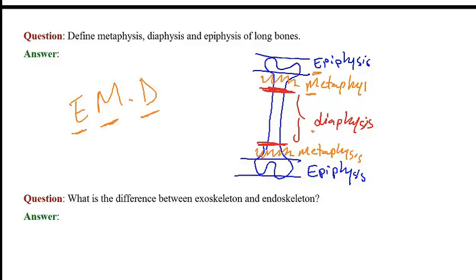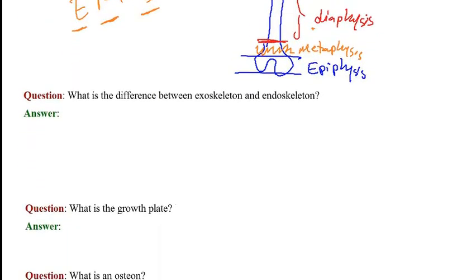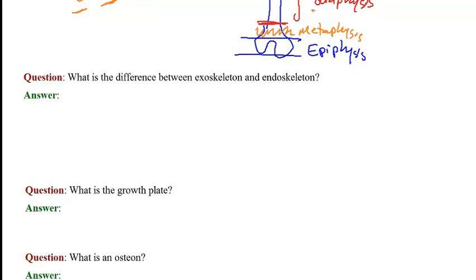What's the difference between exoskeleton and endoskeleton? So endoskeleton is basically referring to cartilage bones and muscle attachments that are located deep within the body, and this would allow movements via contraction of muscles.